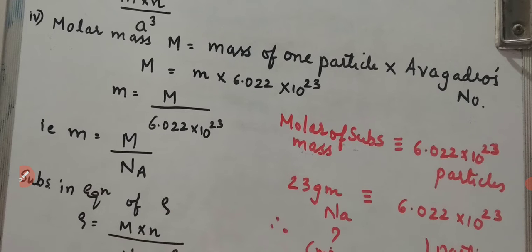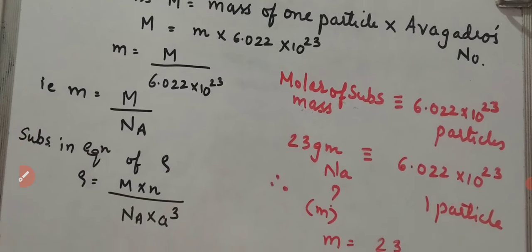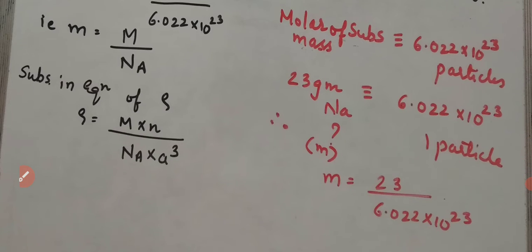Now let's see how we have got this formula. This you will not find in the book, but we will see how we got this formula. Now we know that molar mass of a substance is equal to Avogadro number of particles. We say 1 mole has Avogadro number of particles, and 1 mole means what? It is the molar mass of the substance in grams.